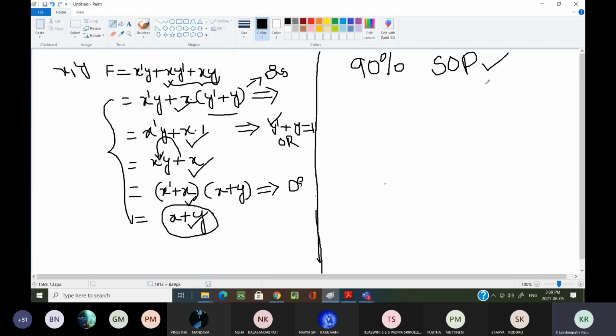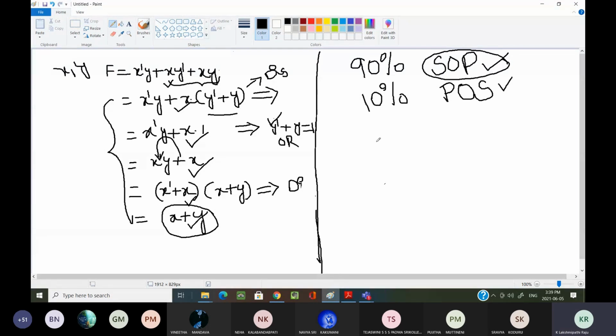Only 10% of the examples have the expression in the form of POS. Why? Because we are writing the expression in the form of SOP.